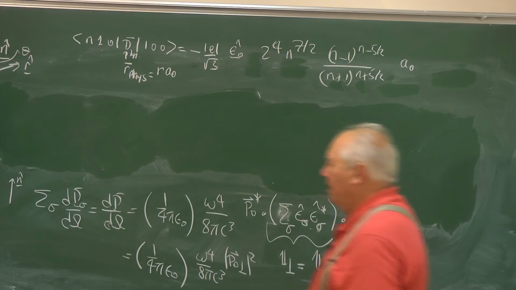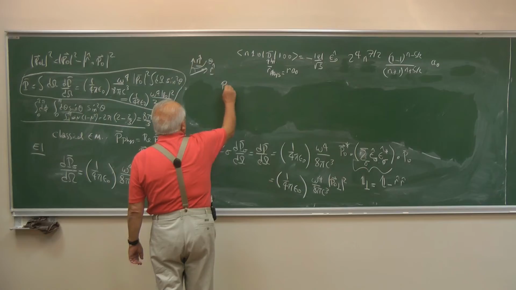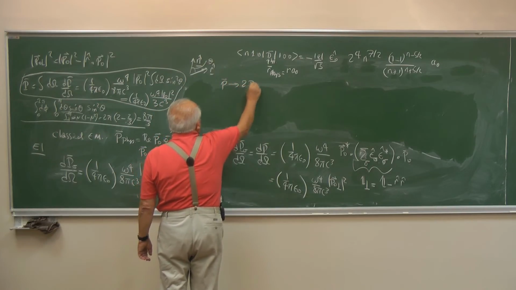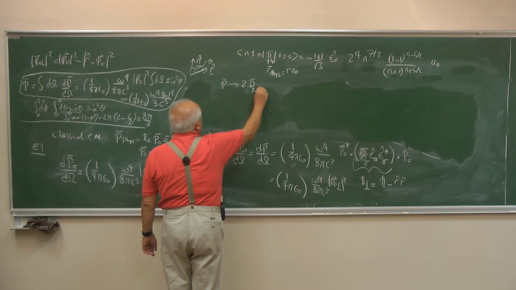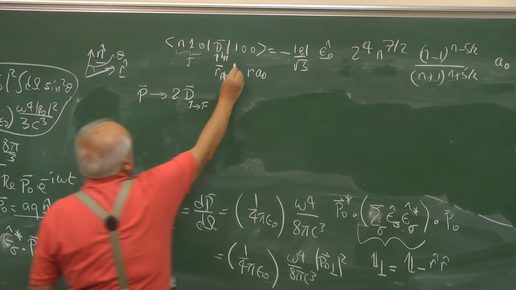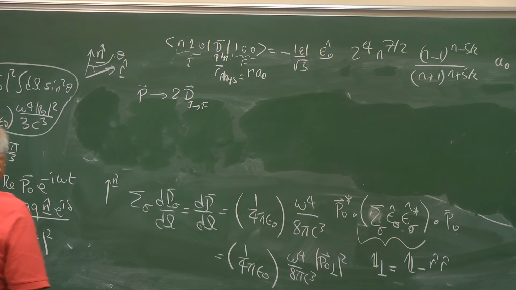Now, the analogy goes like this: replace P by 2D, 2D I to F. Here, this is I, the initial state, and it is decaying to the ground state, which is the final state. So we are finished.